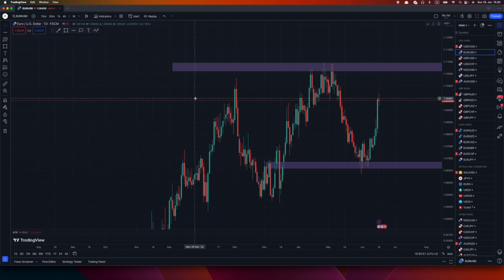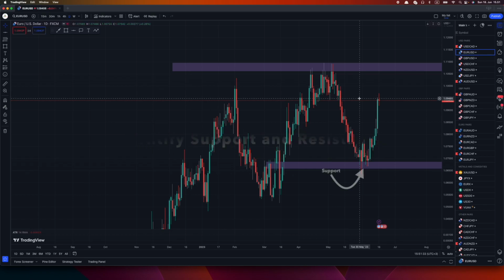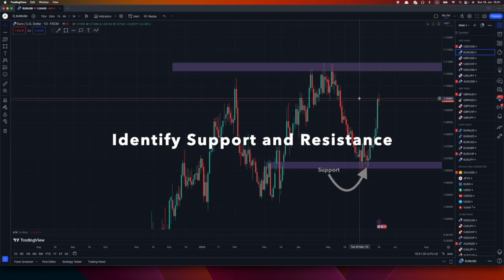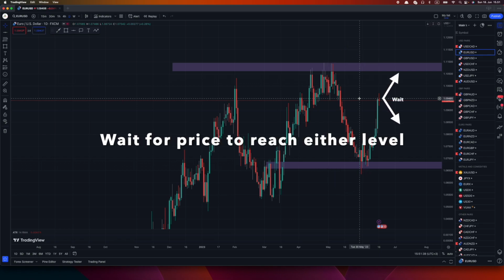Now that we have refreshed our understanding of support and resistance, it's time to put them to the test. But first, let me introduce you to our simple yet powerful strategy that we will backtest today. Our strategy is straightforward. We identify the clearest support and resistance levels on a daily chart and patiently wait for the price to reach either of these levels.